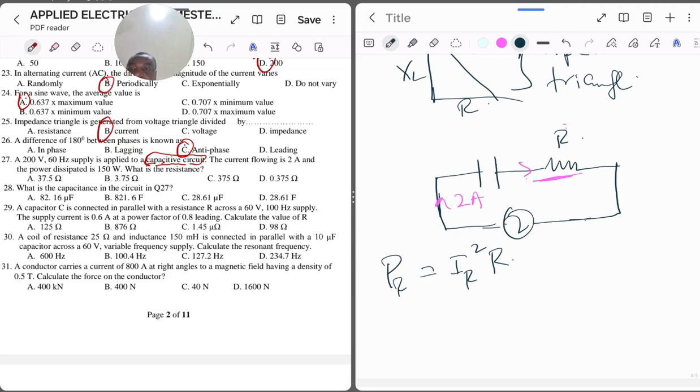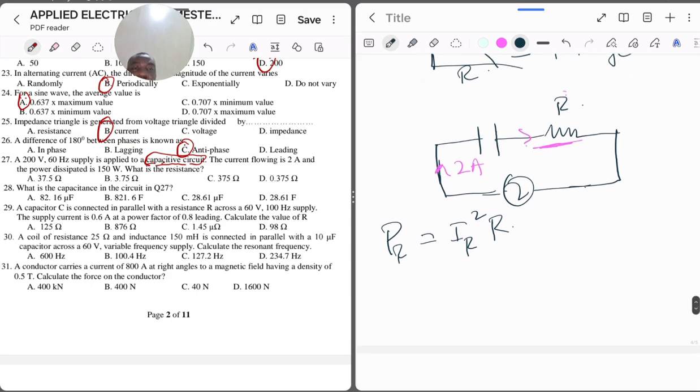So with this question, we know the current, which is 2 amps. That will be the current passing through the circuit, so IR here is 2 amps. And we are also given the power.